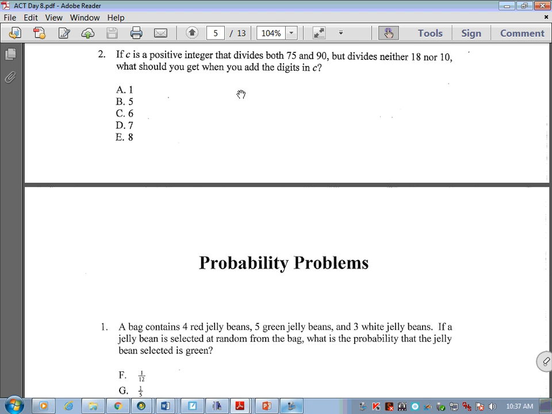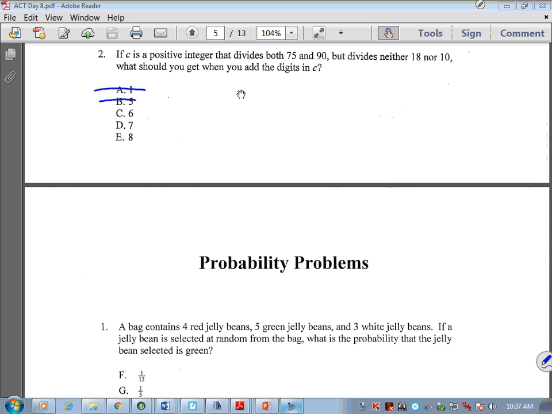Will 1 go into 75 and 90? Will it go into 18 and 10? All right, so we need something that won't go into 18 or 10, so that counts 1 out. Will 5 go into 75 and 90? Will it go into 18 or 10? Yeah, it'll go into 10, okay? Let's keep going here.